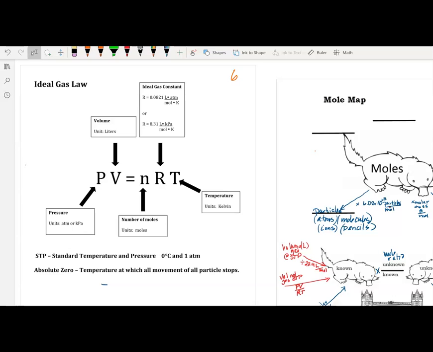What we mainly did on Tuesday is take one gas, change something about it, and use the second set of circumstances to answer the question. Like in Boyle's law, pressure 1 times volume 1, and if we change pressure 2, that's going to cause volume 2 to change. If we know one of those 2, we could solve for the other one, right?